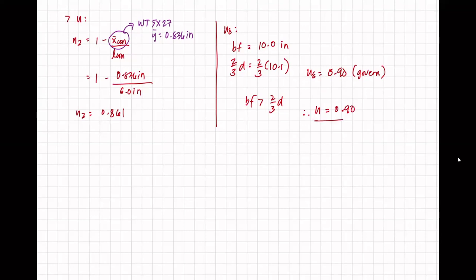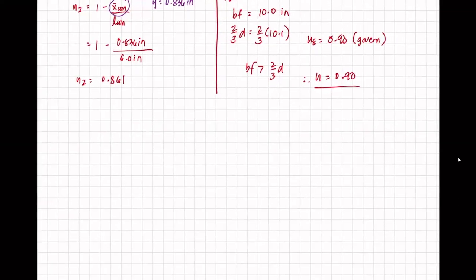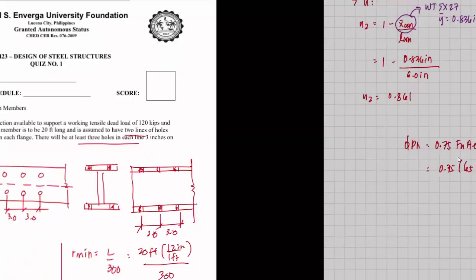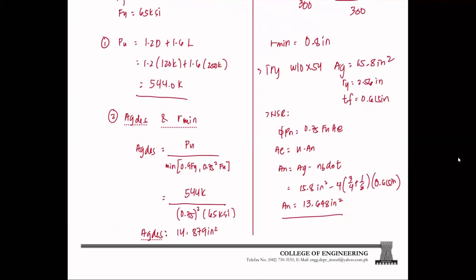Okay, so now we can now calculate our PN. Okay, so PN again is 0.75 FU and AE. So we have 0.75. FU is 65 kip per inches squared. AE, so yung U natin is 0.9. And AN natin from our previous calculation is 13.648.